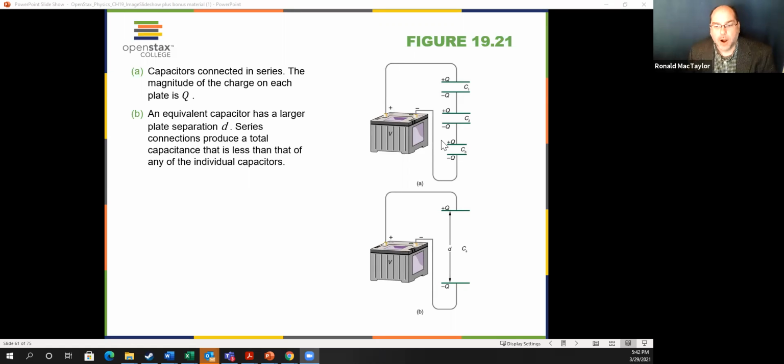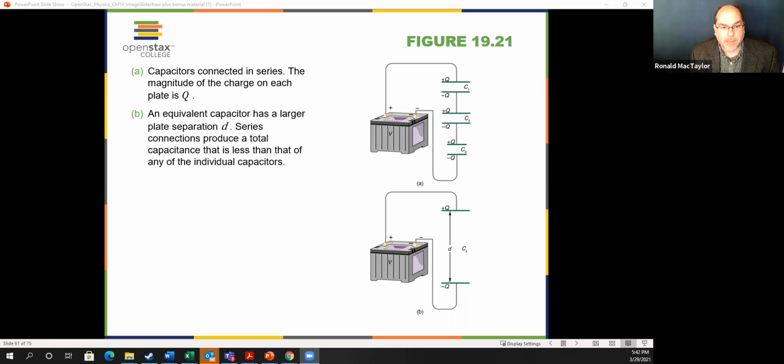Capacitors are this thing where if you have lots of capacitors and you hook them up in series, you get less total capacitance.